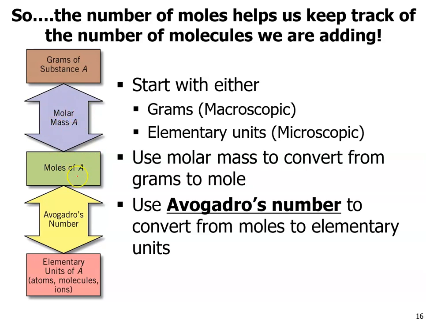And then Avogadro's number is another conversion factor that allows us to transport between moles and the number of atoms or molecules we have. So this idea here is an important concept, where these arrows are essentially conversion factors, and these blocks are different units that are basically telling us things that we can measure.